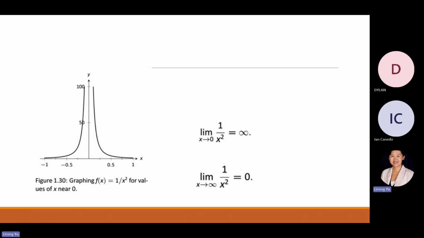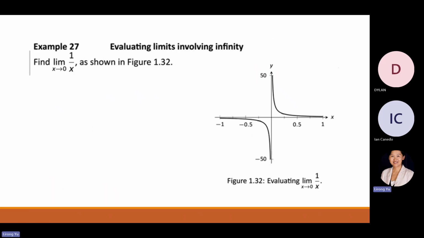So for the horizontal asymptote, our target is to study the behavior of x on the further right or the further left. In this graph, in this limit, we're talking about x going to positive infinity. We're looking at what happens on the right side of the whole graph. So the horizontal asymptote is essentially the left behavior and the right behavior for the entire graph. We try to combine our understanding of the numerical value and the graph.